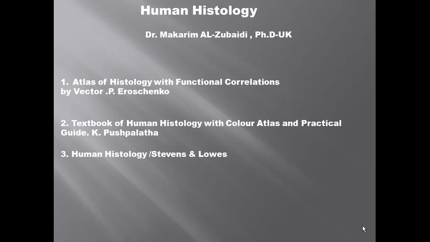So before I go thoroughly through each slide of histology of connective tissue, I have some rules, and I think if you follow these rules, they will give you a better understanding of human histology, and also you will get a good mark at the end of the term.